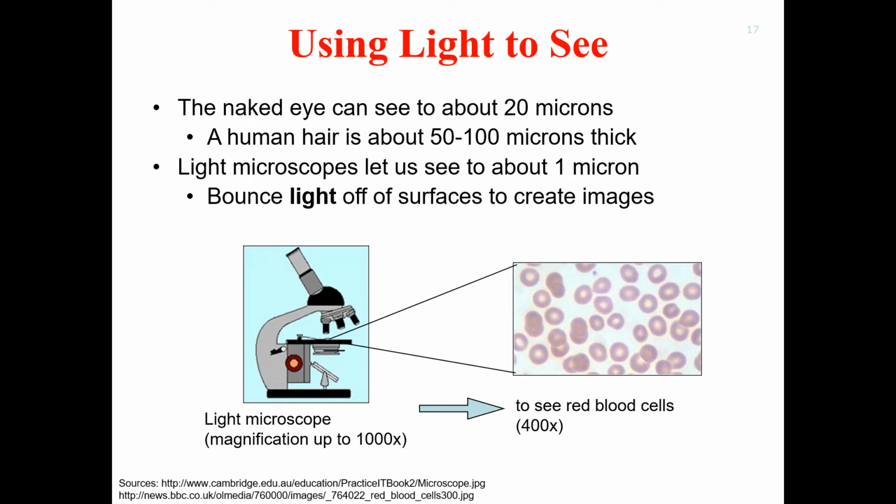What can we do in that particular situation? How can we see those objects whose size is smaller than the visible light's wavelength?